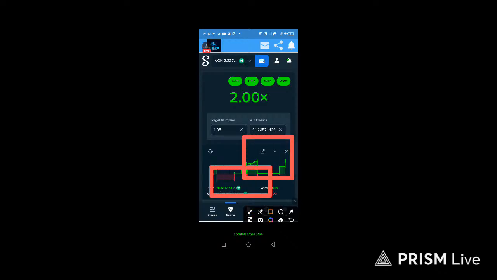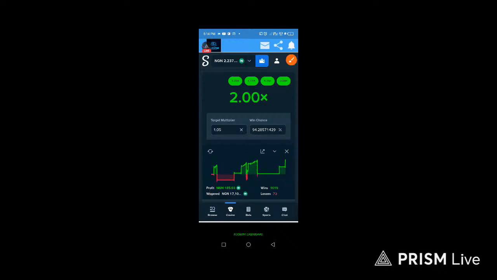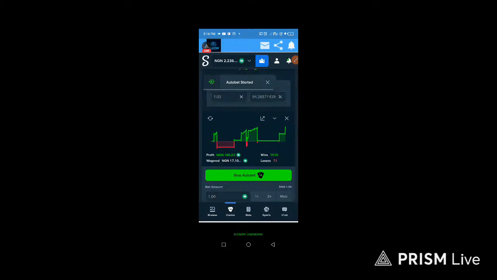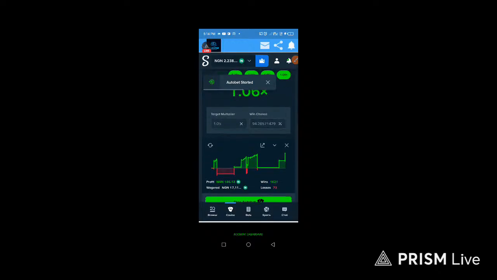So this is what we've accumulated so far. In 1000 trade wins, we are able to make 185 naira, and that was because we were unable to make more wins. We were recovering a lot in this market, so we skip a lot of multipliers just to recover. So let's continue and see the outcome now.